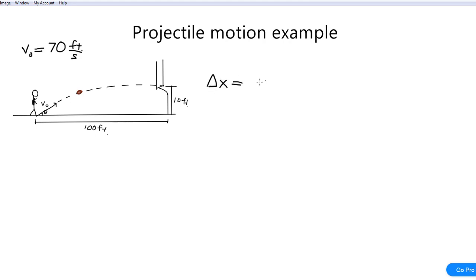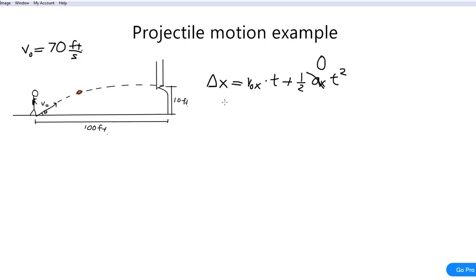So we have delta x equals v naught x times time, plus a half a_x times time squared. This last term is 0, like I said, so we get rid of this whole part.